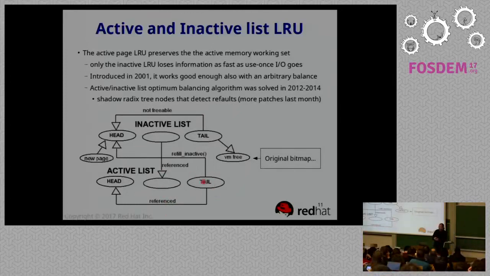And there is also something which at the time was called the refill inactive, which is a way to keep the active and inactive lists balanced. But a very good algorithm to keep these things balanced has only been implemented 2 years ago in the upstream kernel through shadow entries. This is in a later slide. So at the time, we tried to keep a similar size between the active and the inactive lists. Again, it was a heuristic and it worked, but now we have an even better one.